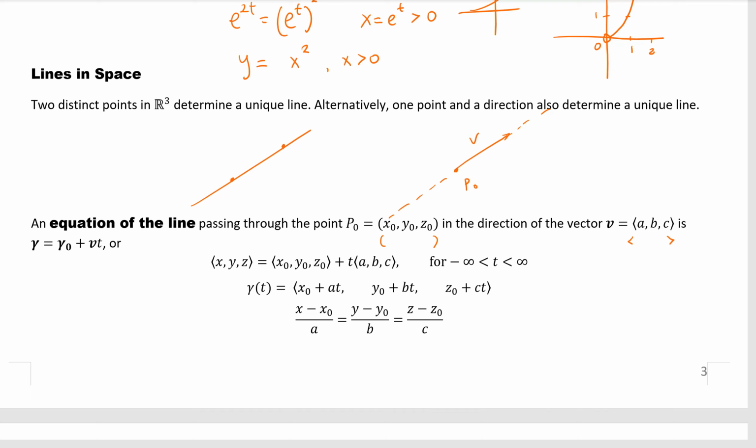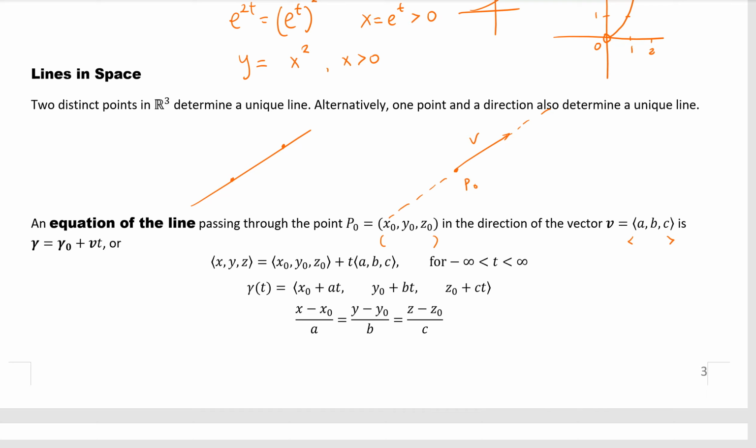Okay, so (x, y, z) equals (x0, y0, z0) plus t times the vector ⟨a, b, c⟩. So when we multiply by each coordinate, the first coordinate is x0 plus at, second coordinate y0 plus bt, and third coordinate z0 plus ct.